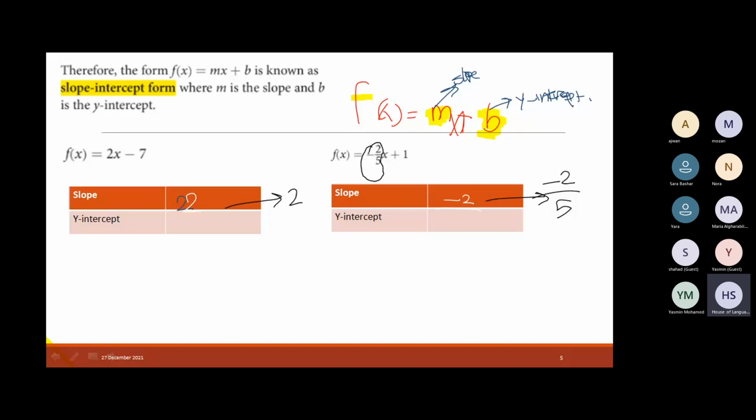The first one, where is the y-intercept? Negative 7. Bravo. So the y-intercept here is negative 7. The second case, where is the y-intercept? Plus 1. Bravo.